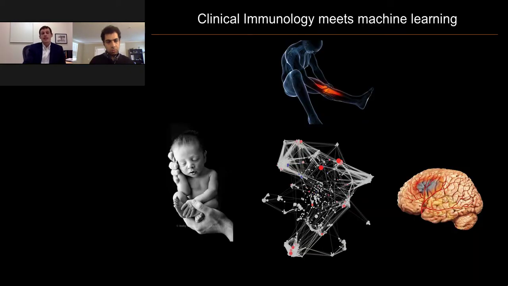Very generally, our research uses deep immune profiling of clinical samples with mass cytometry and combines this with high-dimensional modeling approaches to understand how the human immune system adapts to physiological perturbations or physiological stressors.